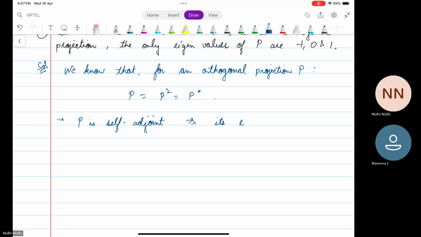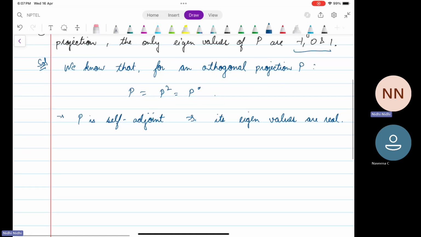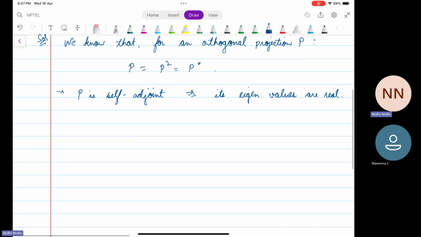Its eigenvalues are real. Also, the given set of possibilities is also a subset of real numbers, so that's not an issue. Now, suppose lambda be an eigenvalue.